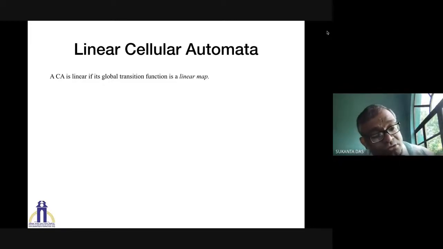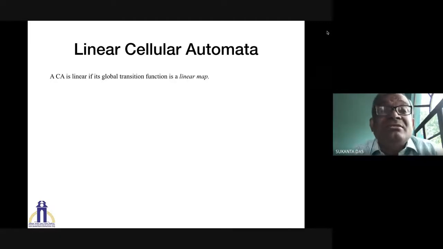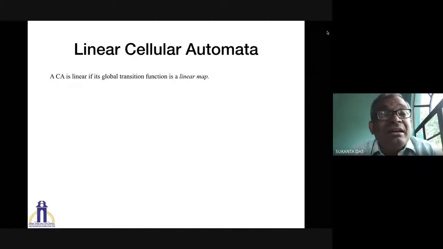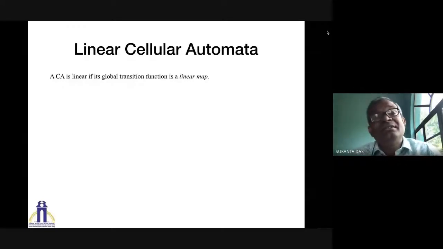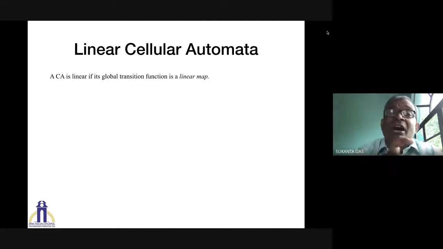So first of all, when you say a CA is linear, a CA is linear if its global transition function is linear. It's a linear map, right? By the term linear here, we are not referring to the line.